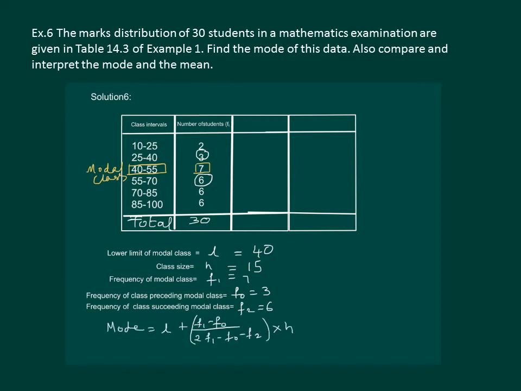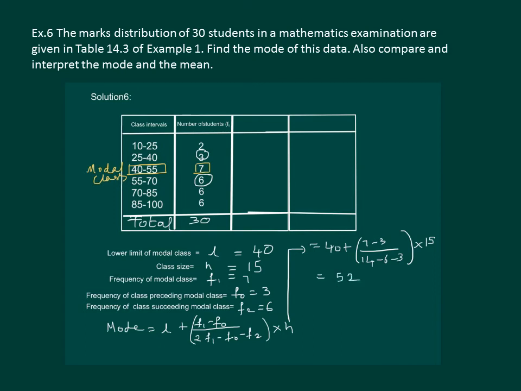We know the following formula for calculating mode. Let us substitute the values. We get mode equal to 40 plus (7 minus 3) whole by (14 minus 6 minus 3) into 15, which gives us mode equal to 52.